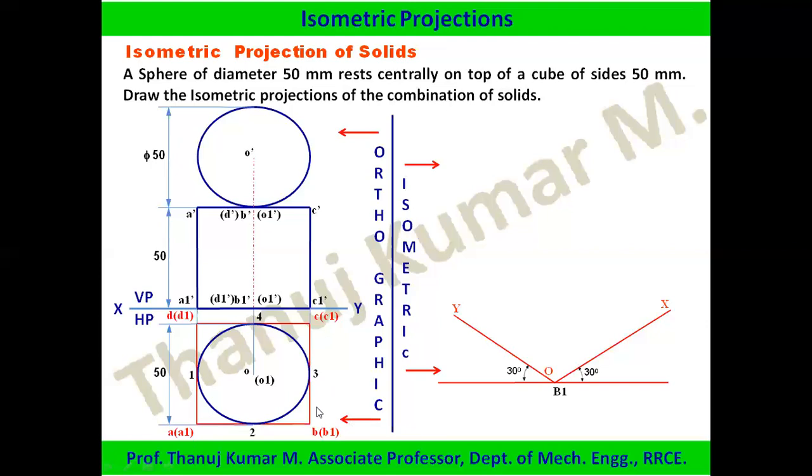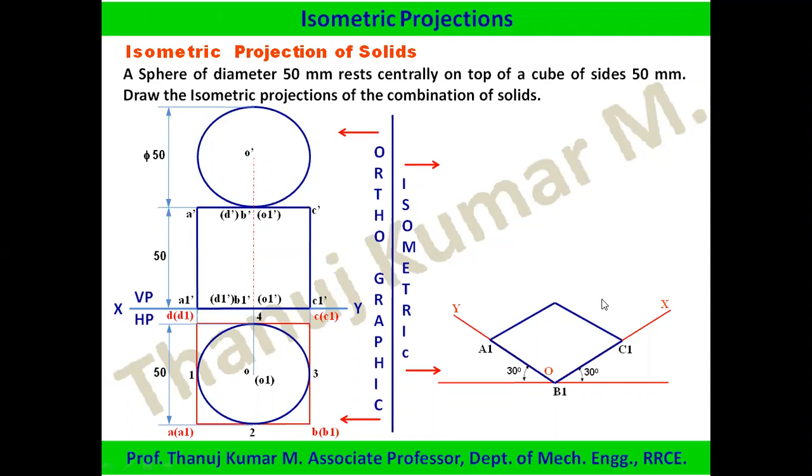I'm measuring the B1C1 length, converting it into isometric scale, 50 mm into 0.8164, and locating C1. Later I'm measuring the A1B1 length, converting into isometric scale, 50 mm into 0.8164, locating A1. So D can be located now just by drawing parallel lines from both sides.